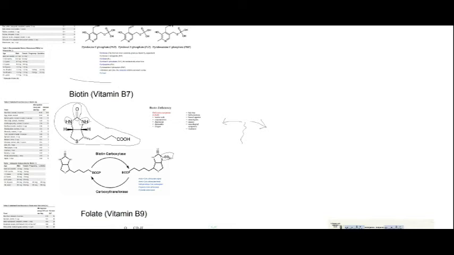And so we can see here the biotin carboxylase and the carboxyl transferase. The carboxylase is actually adding the carbon dioxide onto it, and the carboxyl transferase is then transferring that CO2 onto some other molecule.